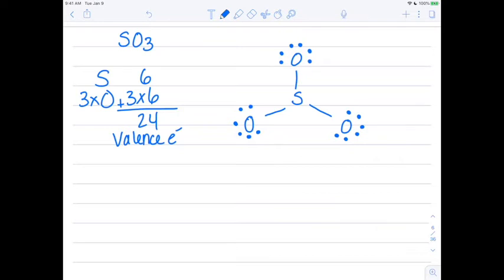What should we do to give sulfur the 8 electrons it needs? Yes, I see a double bond coming through. Yes, exactly. So whenever you have an atom that does not have enough, we need to do a double or triple bond. In this case, a double bond.